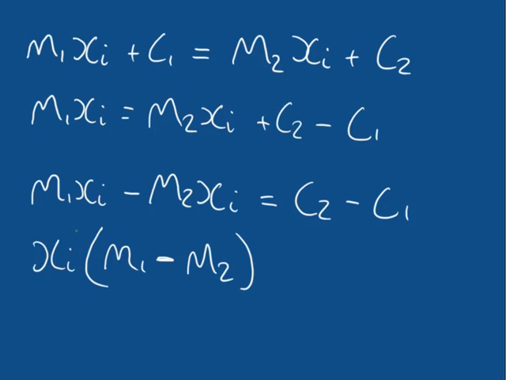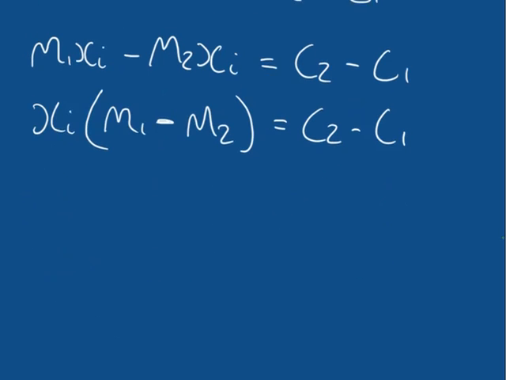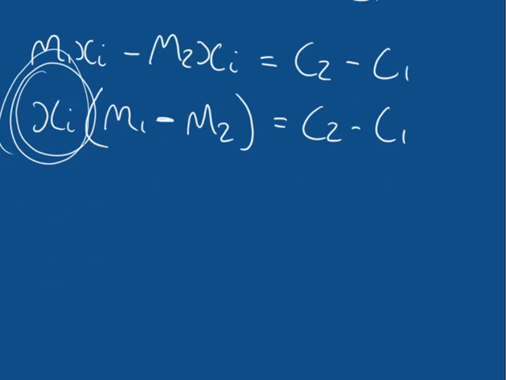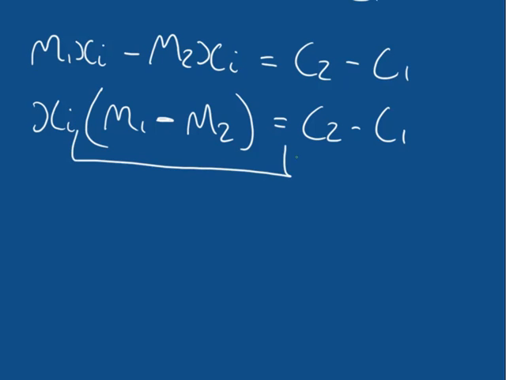You can notice that if we were to expand this, just to check, xi times m1 gives us m1 xi, minus xi times m2 gives us m2 xi. So that is equal to c2 minus c1. And finally, we want to get xi on its own, so I'm going to cancel the multiplication that's here by dividing both sides by m1 minus m2.